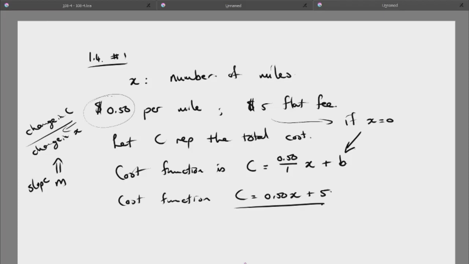So for this one, the information is a little different, but we are still looking for a straight line equation or a linear function. This will be number 2. So I have $750 that goes with 25 items.